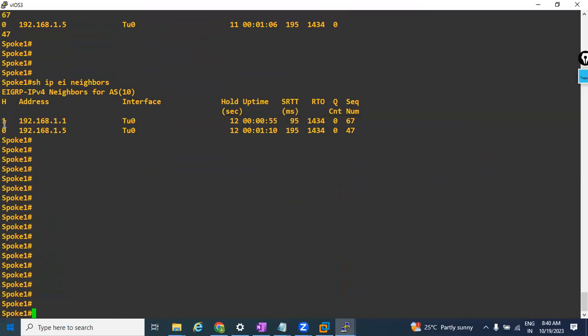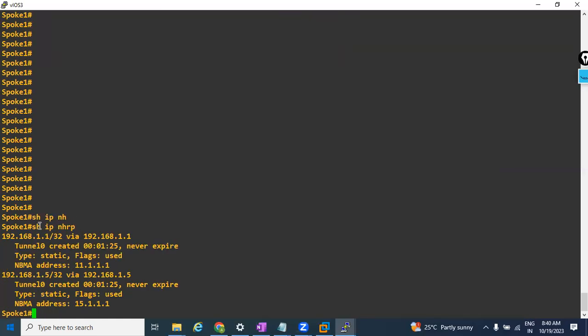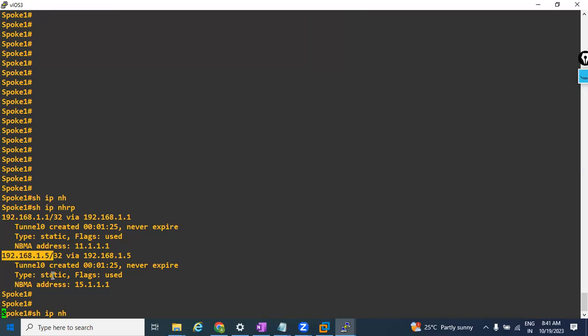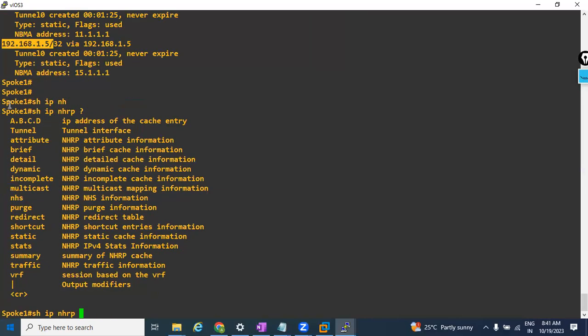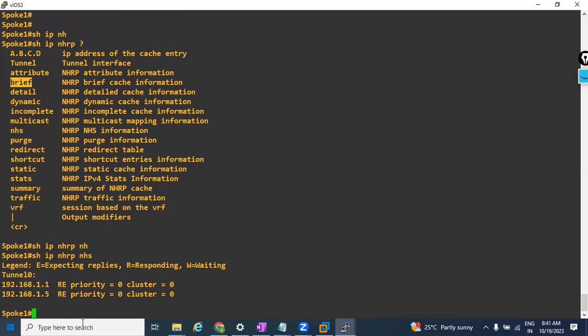Show IP NHRP. Okay, so we have a neighborship with what? Both 192.168.1.1 and 192.168.1.5. Show IP NHRP. Are there any other further commands? NHS, I have just checked it.